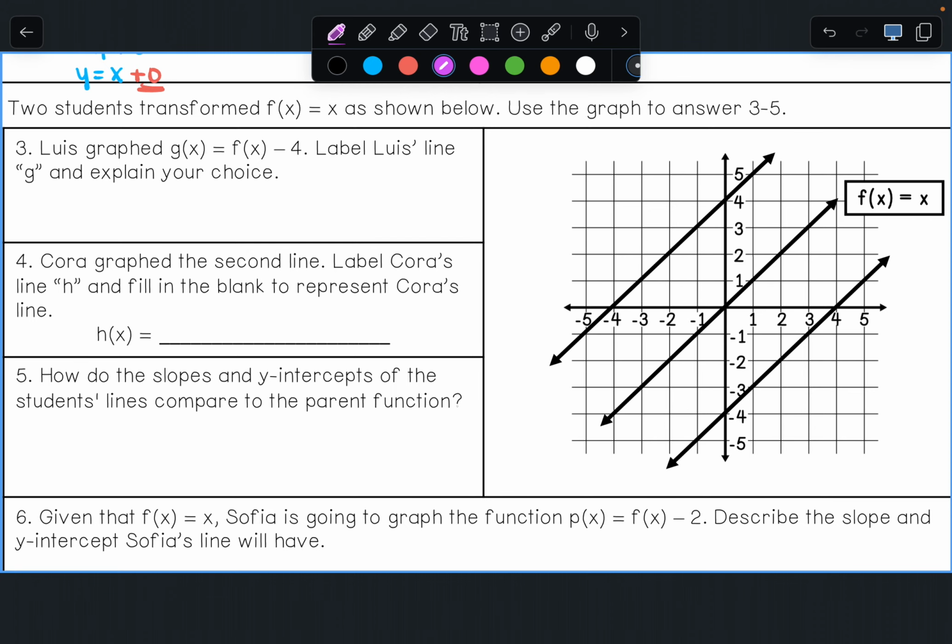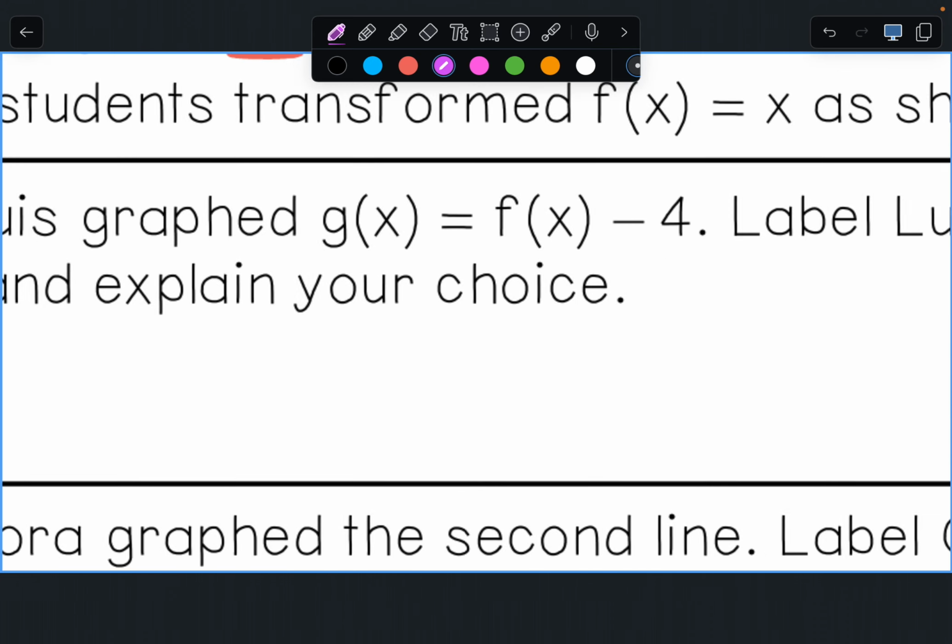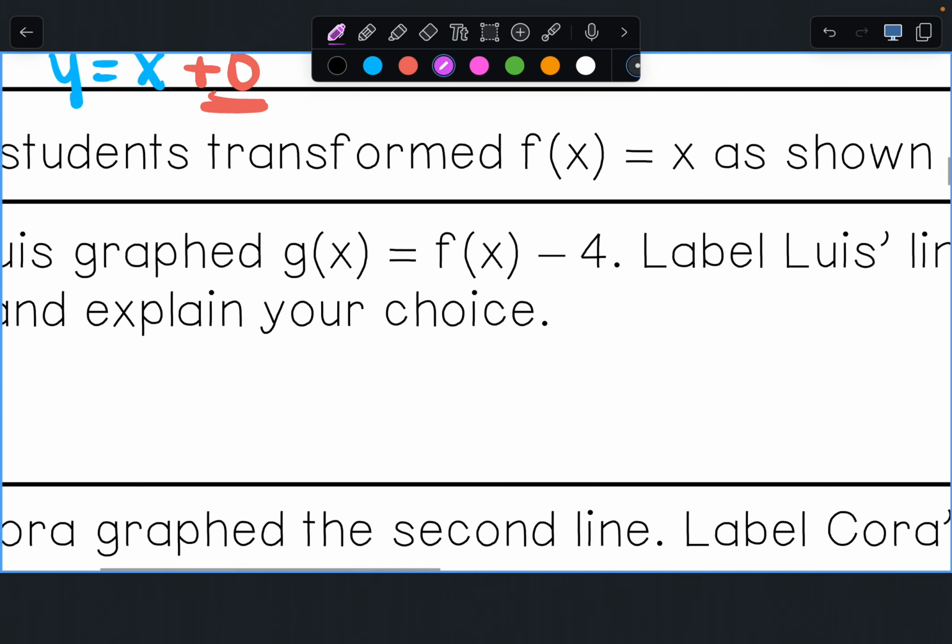I must switch it back to slope-intercept form. So g of x switches back to y equals. f of x switches to x. Look, f of x and x are equal, so you just switch it back, okay? f of x switches to x, bring down the minus 4. So which one of those lines is y equals x minus 4?